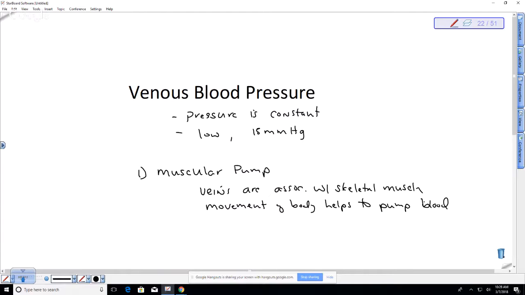And then we also have what is called the respiratory pump, which is kind of interesting because it has to do with the changes in the pressures of the abdominal cavity and the thoracic cavity. When you take an inhalation, your diaphragm moves down into the abdominal region, and that causes an increase in pressure in the abdominal cavity.